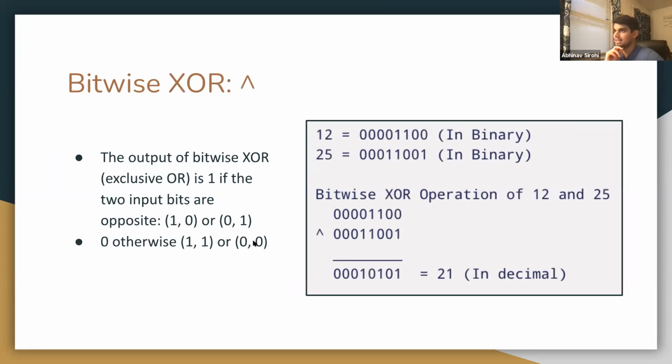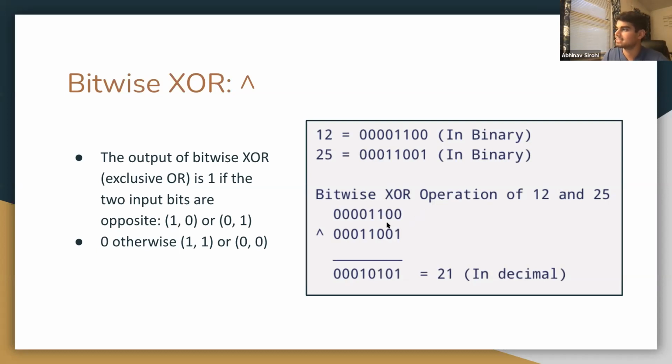And next we have XOR. The bitwise XOR, also called exclusive OR, outputs 1 if the 2 input bits are opposite, so either 1, 0 or 0, 1, and the output is 0 in all other cases. So if it's 1 1 or 0 0, the output of XOR will be 0.